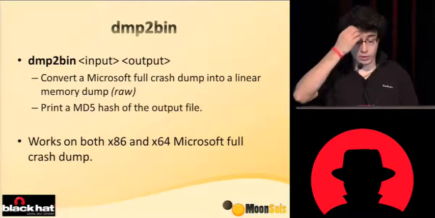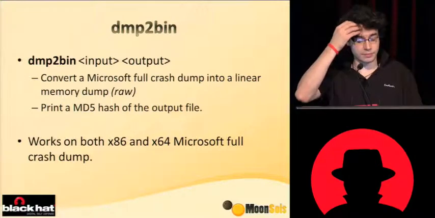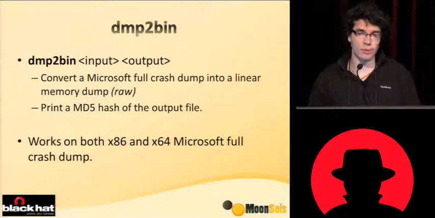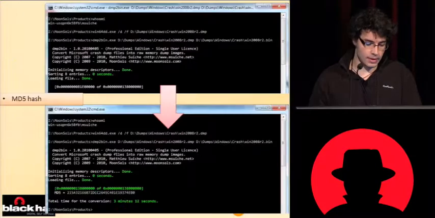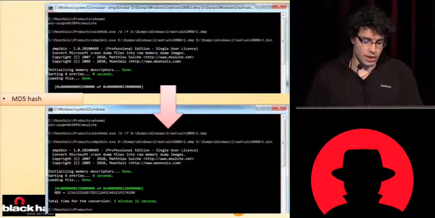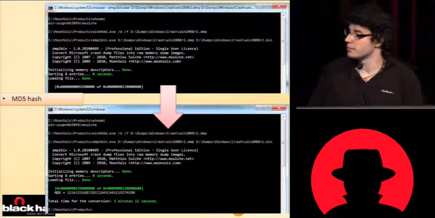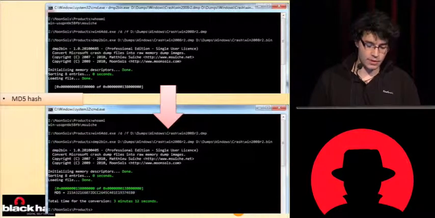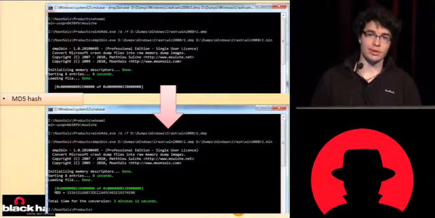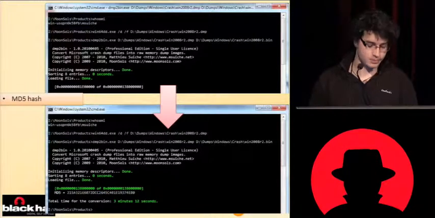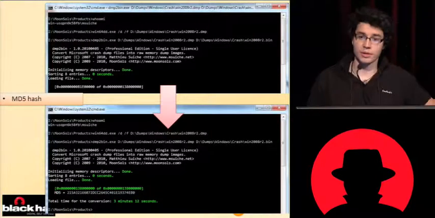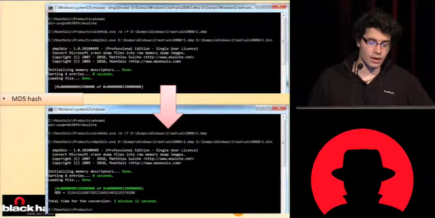It works with both x86 and x64 Microsoft full memory crash dumps. So here is what we see when we are using the dump to bin utility. As you can see, it's really a basic output because it's only reconstructing the physical address space from the memory dump.